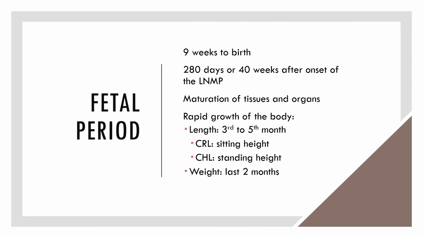The period from the beginning of the 9th week to birth is known as the fetal period. It's characterized by maturation of tissues and organs as well as rapid growth of the body.